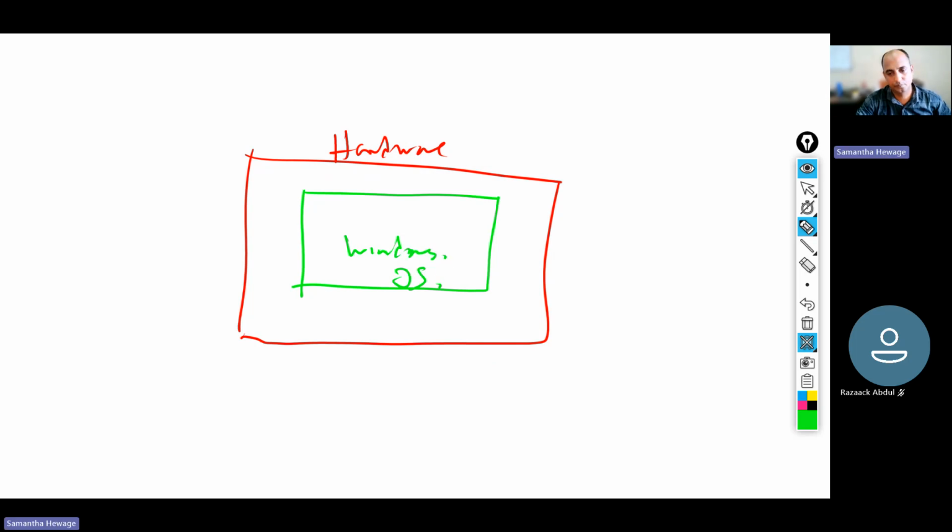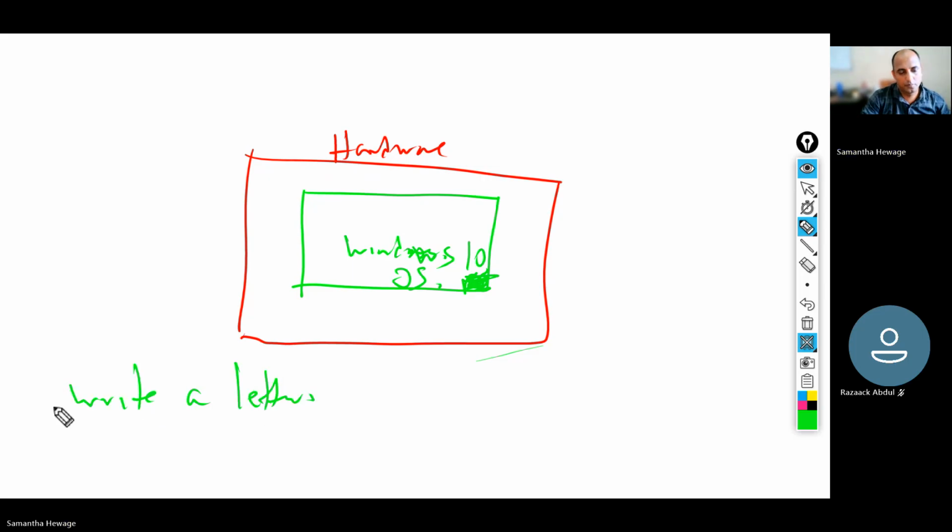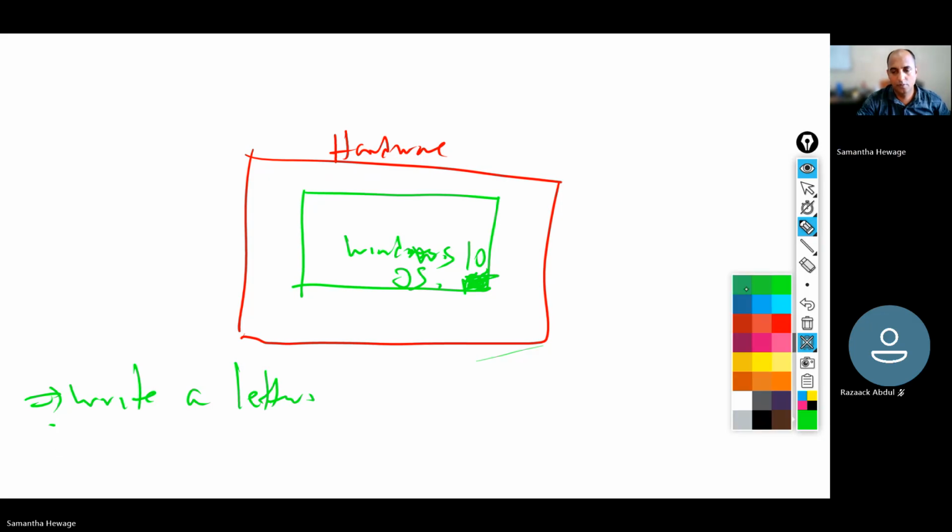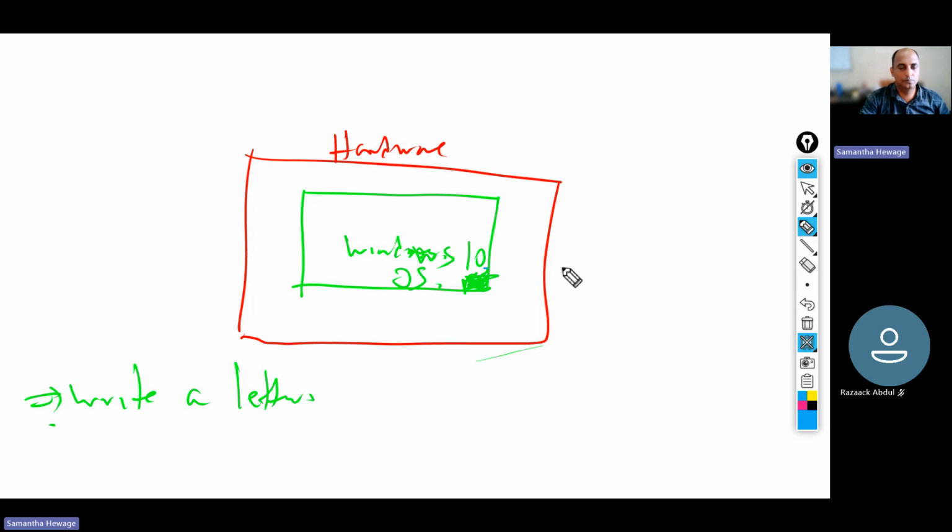For example, Windows 10. After installing the operating system, let's say you want to write a letter. Can you do it now? Can you do it by using this laptop?